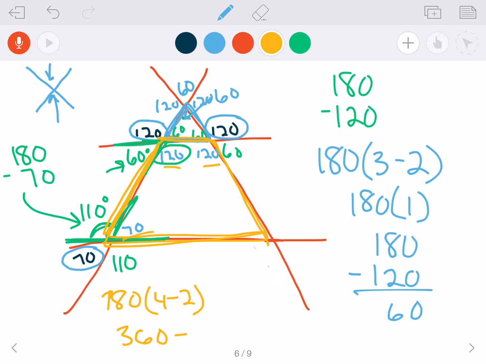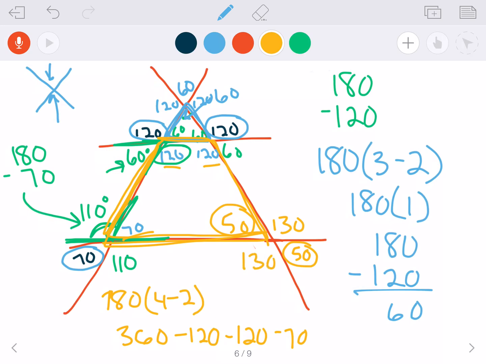So 360 minus 120 minus 120 minus 70 gives me 50. 50 is this bottom corner, which means vertical angles, this is 50. And then when I do 180 minus 50, I get 130 and 130.